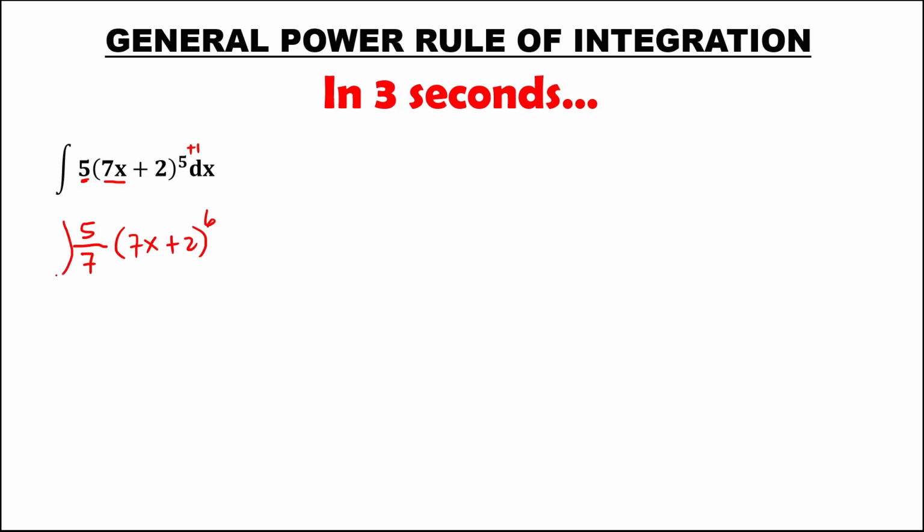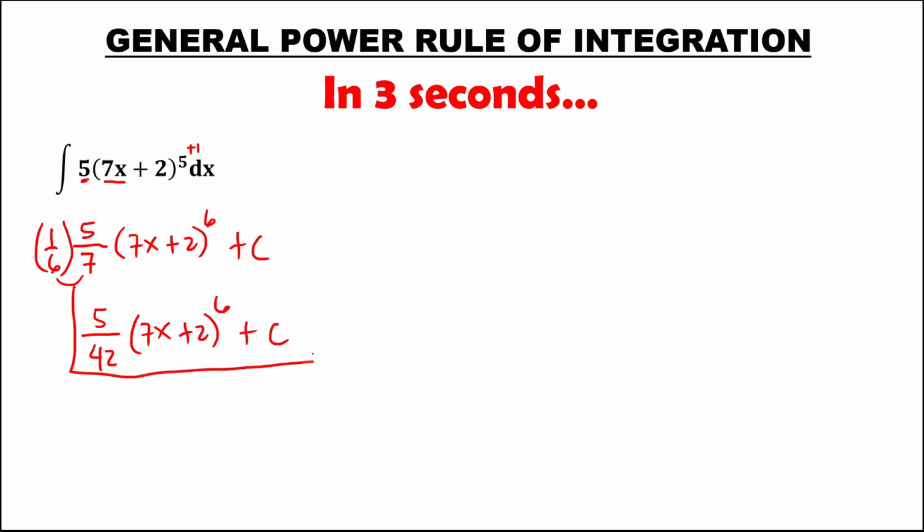So therefore multiply this one by the reciprocal of this exponent, so 1 over 6, then plus c. Or this becomes 5 over 42, then times (7x + 2) to the power 6 plus c.